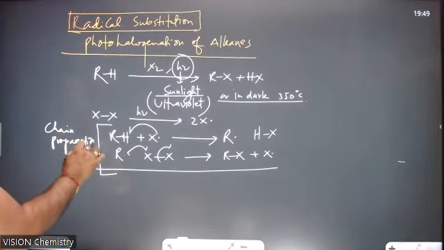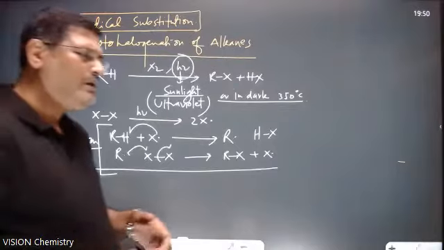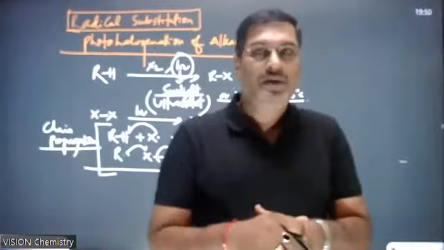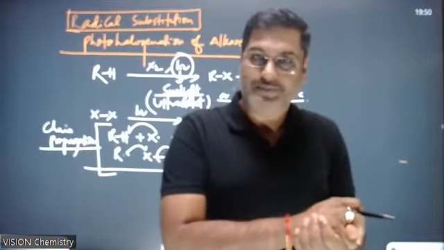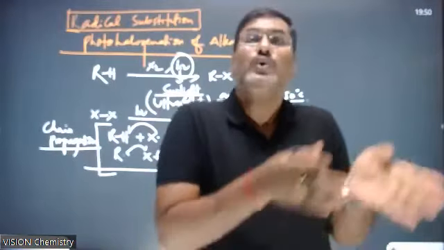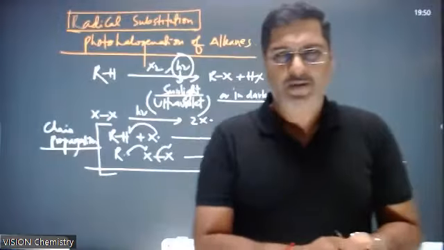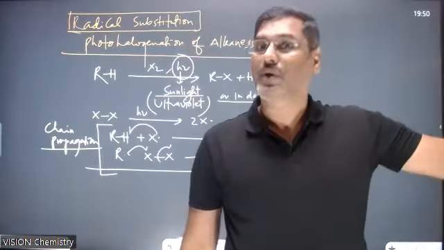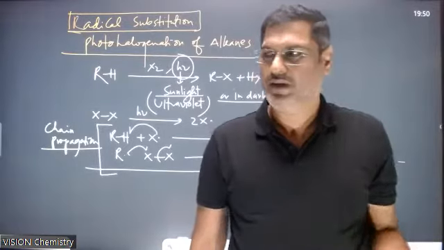What is chain propagation? Chain propagation is when one radical disappears and produces a new free radical, a new active species. Because if a new active species forms, that will push the reaction forward and the reaction keeps on going.